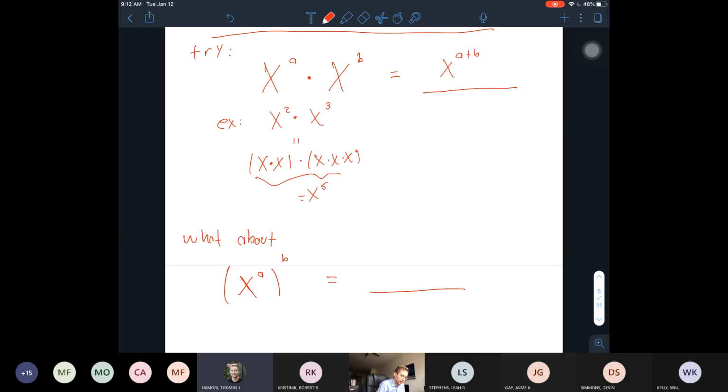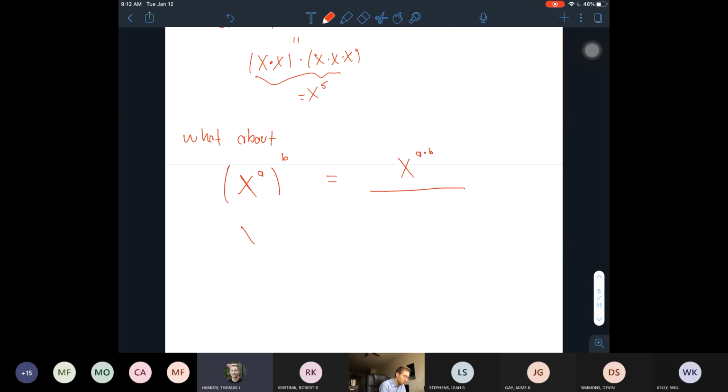We want to find out how we should write that one. What should we do in this case? Yep, Heidi's got it. We should multiply the powers. We should do x to the a times b.